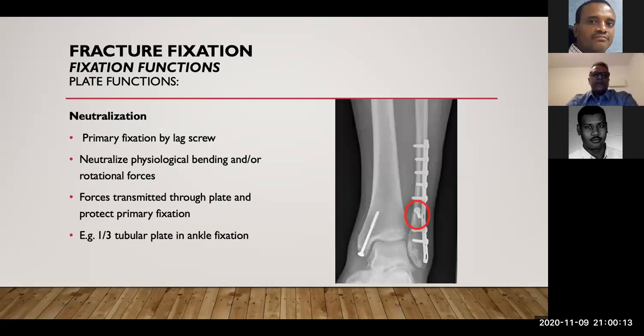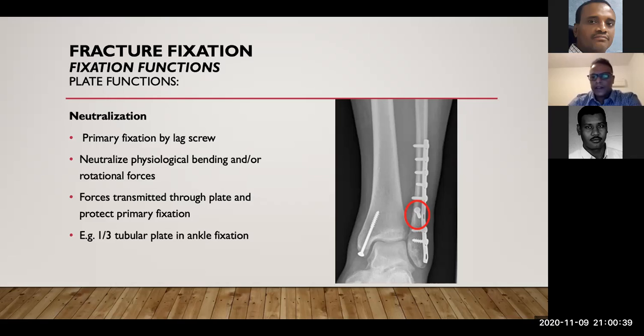Again, the plate can be used as a neutralization function, and the primary fixation will be achieved by a lag screw, for instance, as in distal fibular fracture, in the ankle fracture, Weber B. And then this lag screw will give us absolute stability.